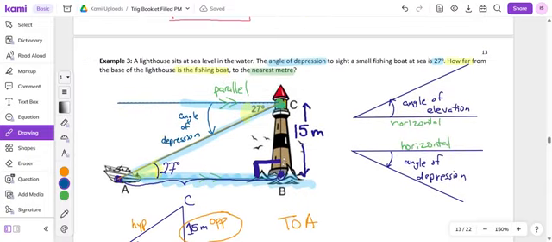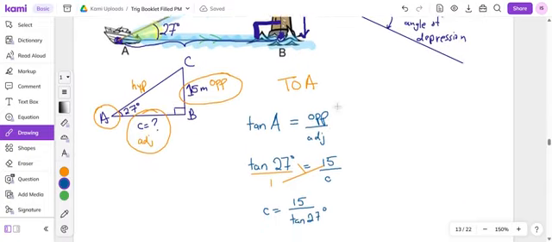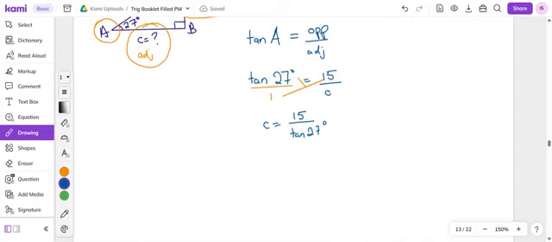And we're being told to round to the nearest meter. So that means no decimal places. And so I get an approximate value of 29 meters, right? 29.4, but we round it down to a 29.